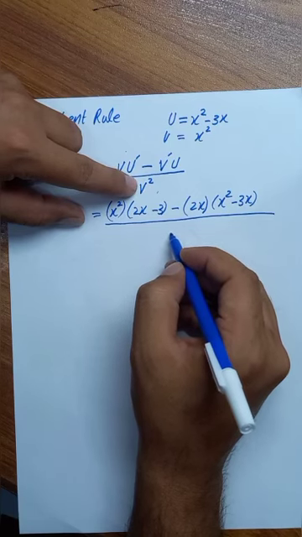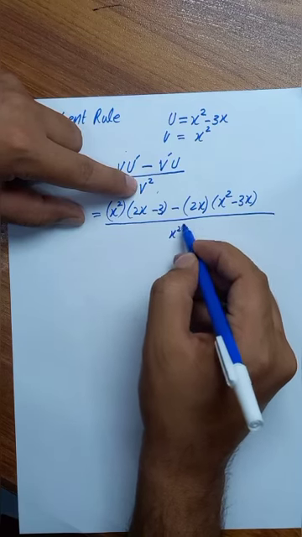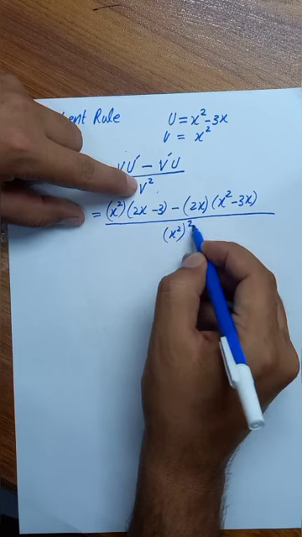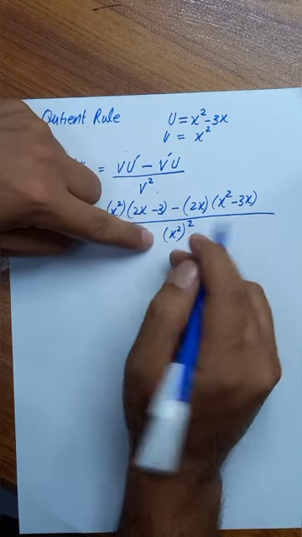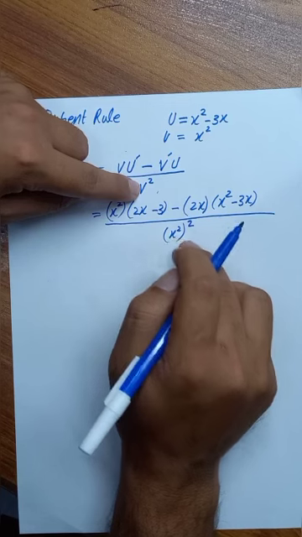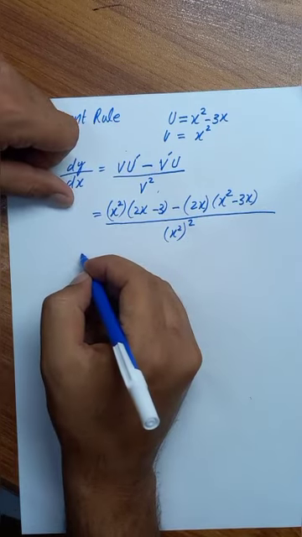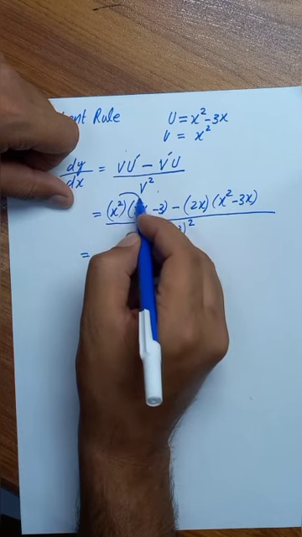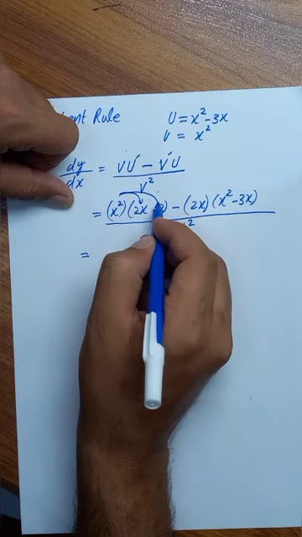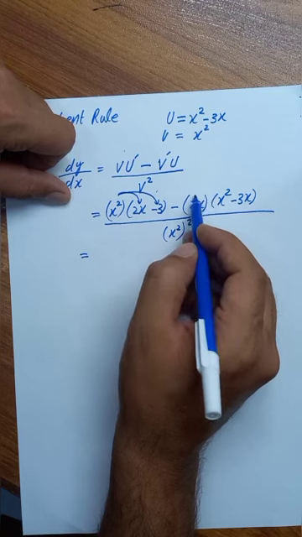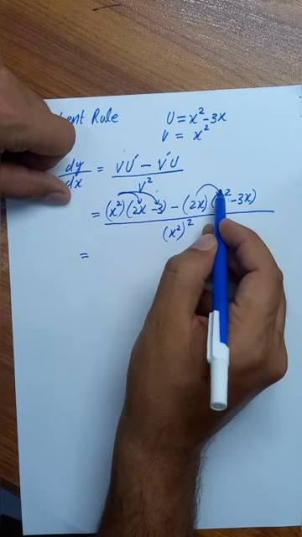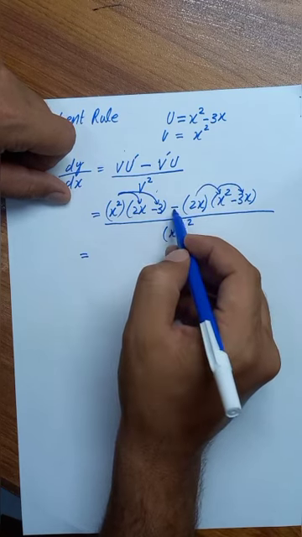So the value of v is x square and whole square. Okay, x square is the value of v, and we also have the square on the v. Now we are multiplying these values, and we are also multiplying these values, and then we have the minus symbol.